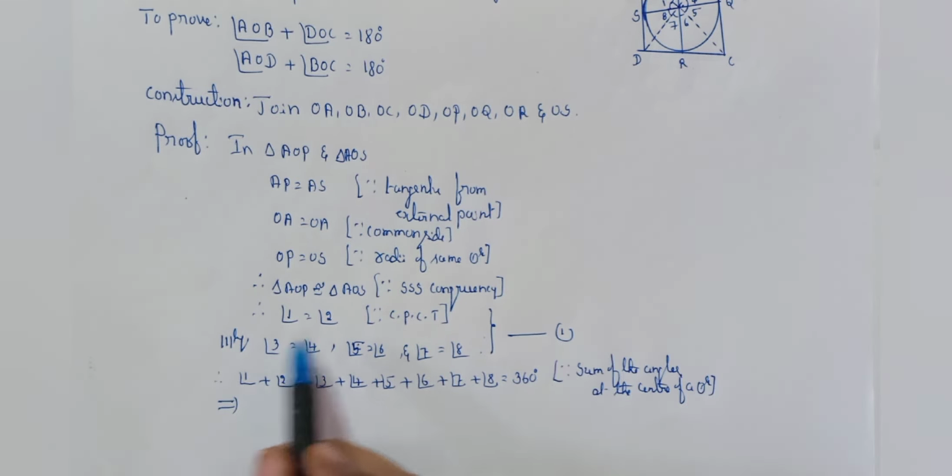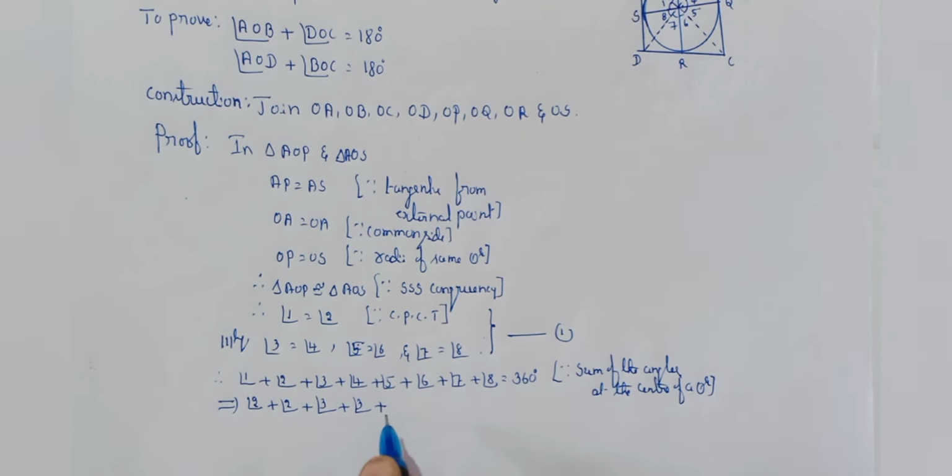Next, since angle 1 is equal to angle 2, we can write angle 2 in place of angle 1, angle 3 in place of 4, angle 6 in place of 5, and angle 7 in place of 8. So, 2 times angle 2 plus 2 times angle 3 plus 2 times angle 6 plus 2 times angle 7 is equal to 360 degree.